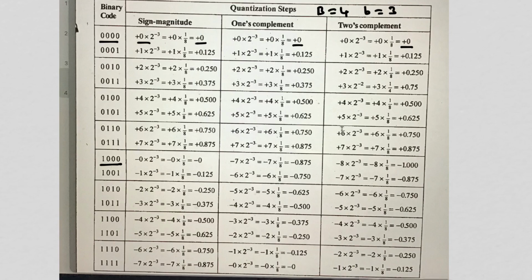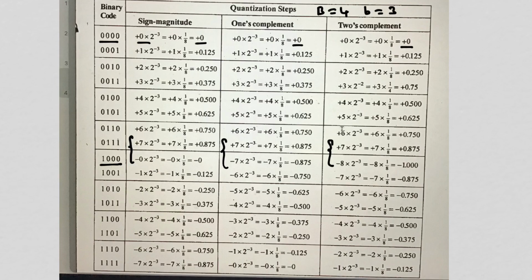There you will come to know after plus 7 you will have minus 0 in the scale. Minus 0, minus 1, minus 2, minus 3, minus 4, minus 5, minus 6, minus 7 in sign magnitude. Whereas in 1's complement it is plus 7, after which you will get minus 7, minus 6, minus 5, minus 4. It will be decreased. Whereas in the case of 2's complement plus 7, after which you will get minus 8, minus 7, minus 6, minus 5, minus 4, minus 3, minus 2, minus 1, etc.